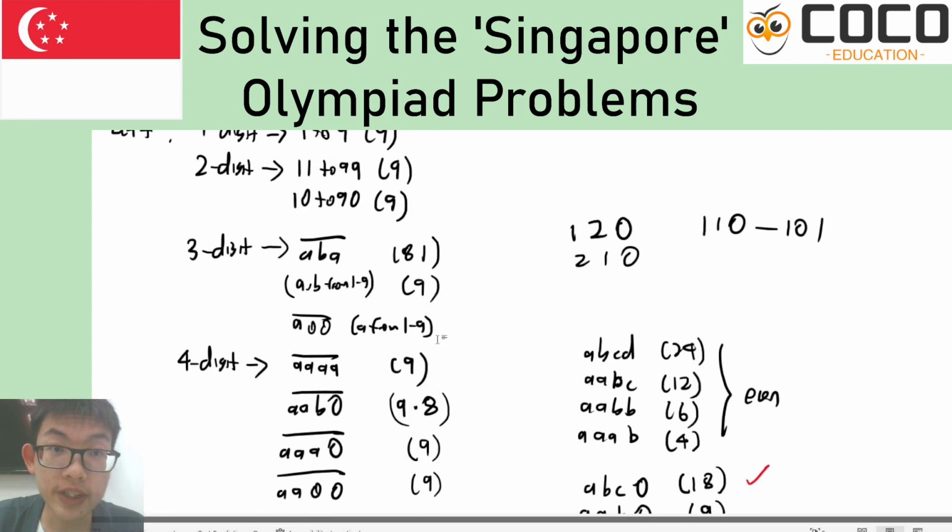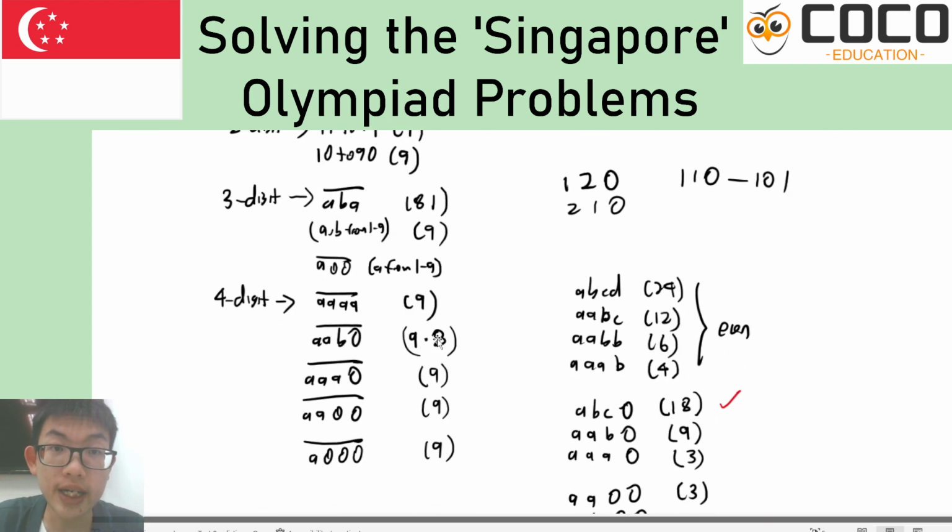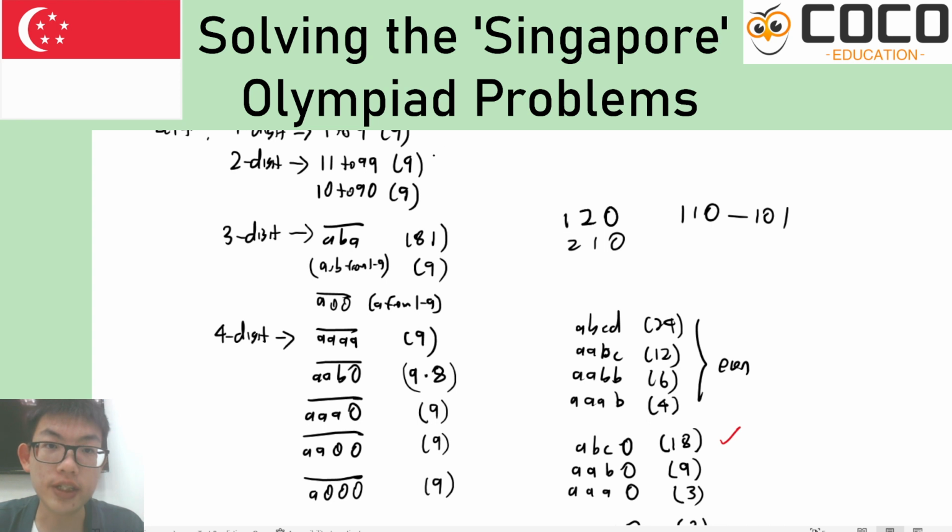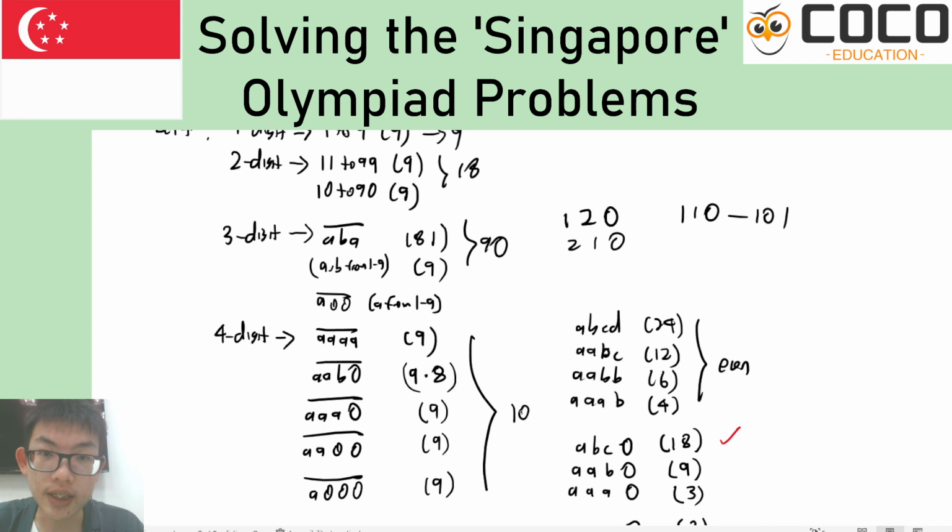In other words, we can just count directly how many are left over. We've got 9, 18, 90, and 108. So that's how many are left over.